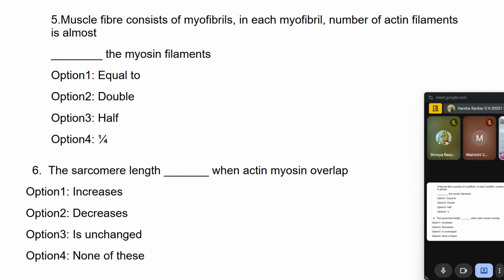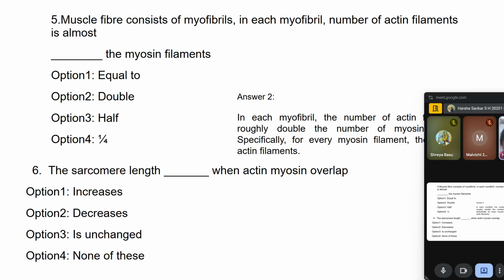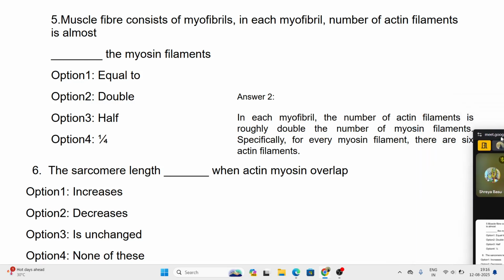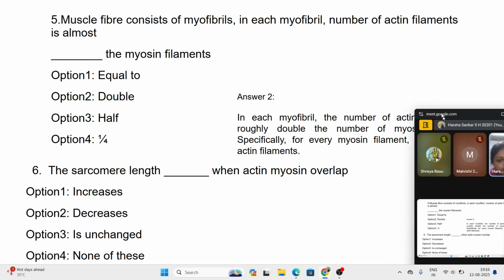Actin filaments are more in number, so the correct answer is double. Actin filaments are almost double the myosin filaments. Specifically, for every myosin filament, there are 6 actin filaments.